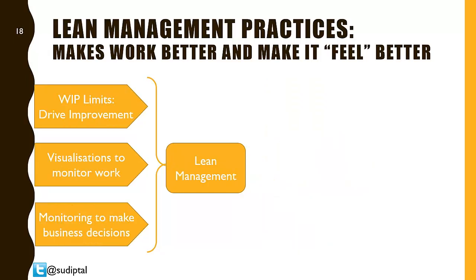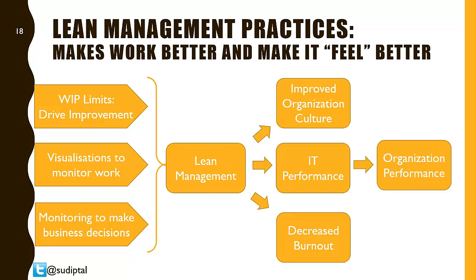On the same hand, if you actually implement WIP limits and do visualizations like board-based visualizations, and if you implement feedback loops, continuous feedback loops, then you would move closer to the objective of lean management and be able to foster yourself into a high-performing IT organization that is ultimately resulting in better organization performance.